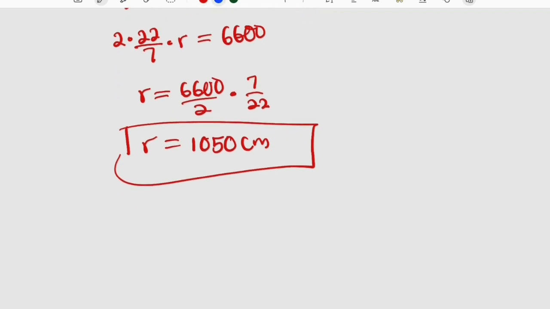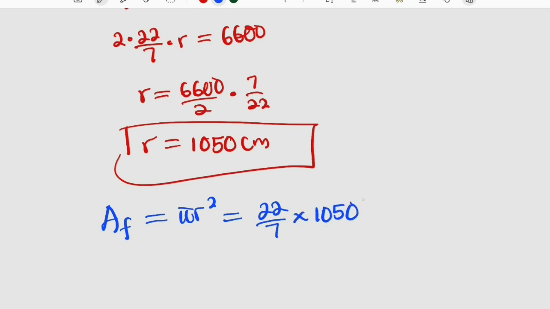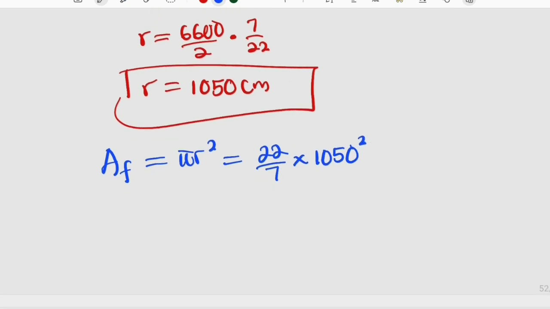So what will be the area of the floor? Area of the floor will be equal to pi r squared, which is 22 divided by 7 multiplied by r squared, that is 1050 squared. Just use your calculator to take the square of this. That will give us 1,102,500.